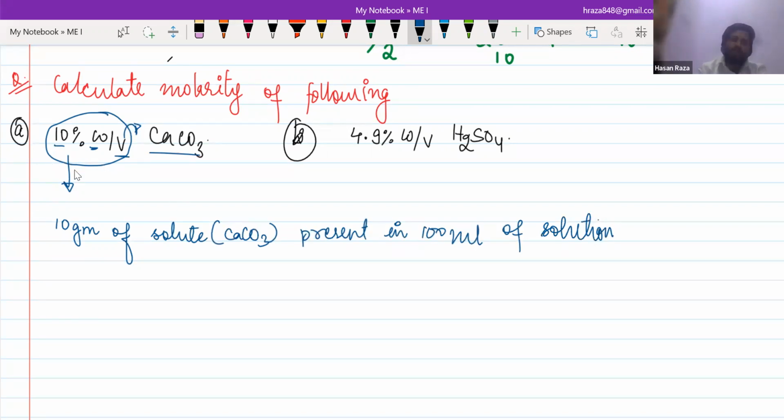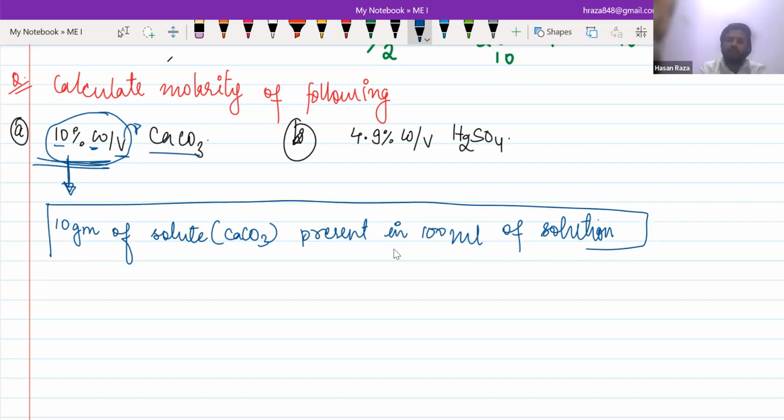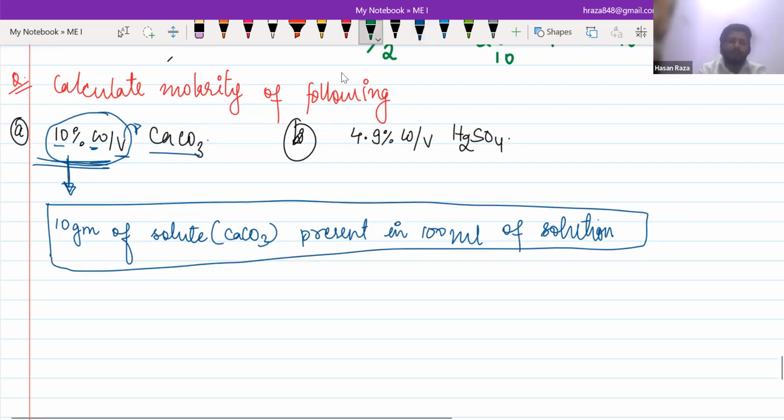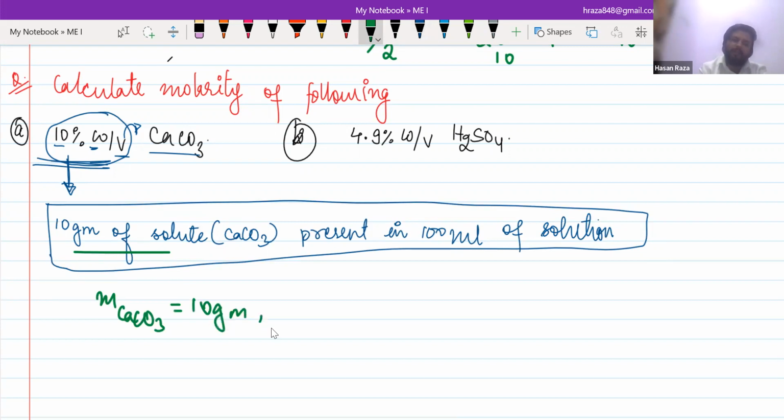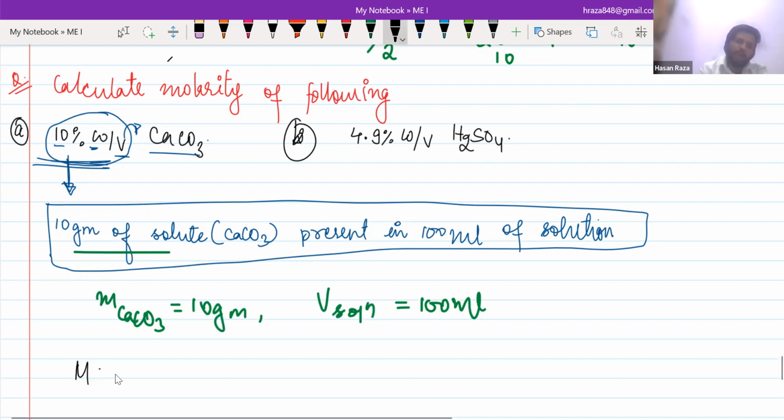So from this, you just extracted a full sentence, which will give you information like 10 gram of solute, that means mass of solute, that means CaCO3 is given as 10 gram, and also volume of solution is given as 100 ml. Now if you're going to apply the formula, molarity is equal to number of moles of solute upon volume of solution in liter.